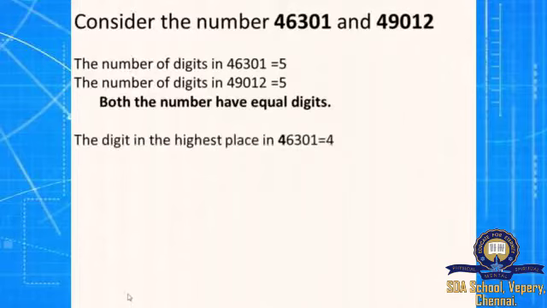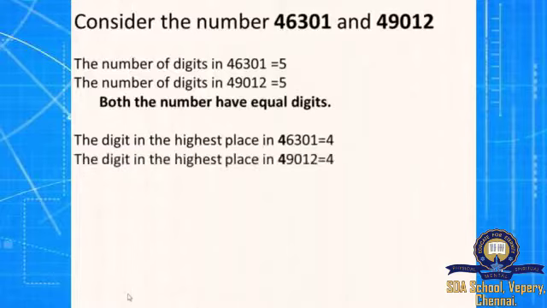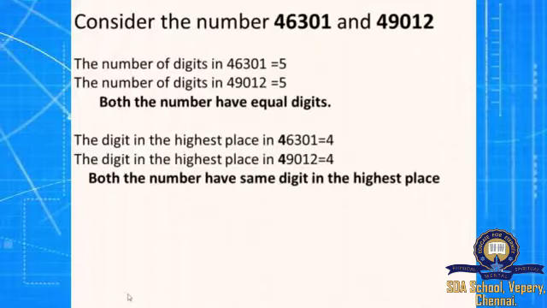We have to see the digit in the highest place. The digit in the highest place in 46,301 is 4. The digit in the highest place in 49,012 is also 4. So both the numbers have the same digit in the highest place. So we'll go to the next step.